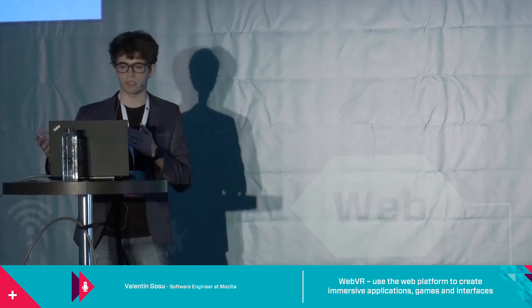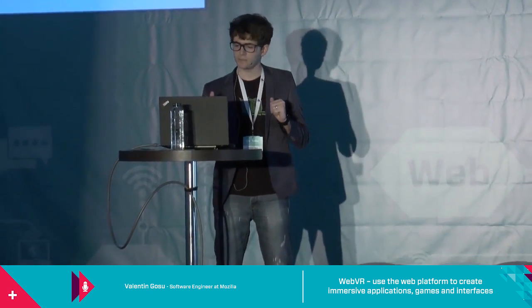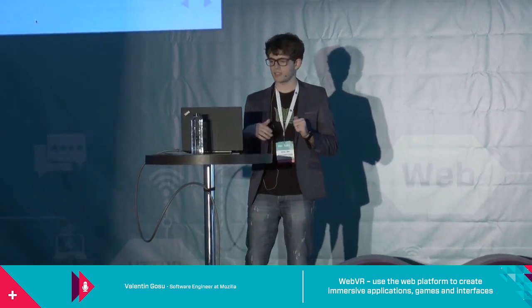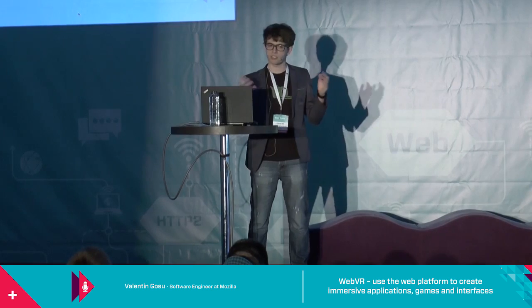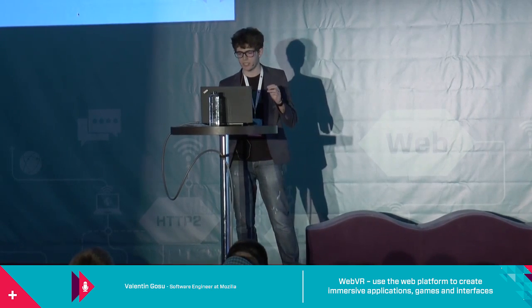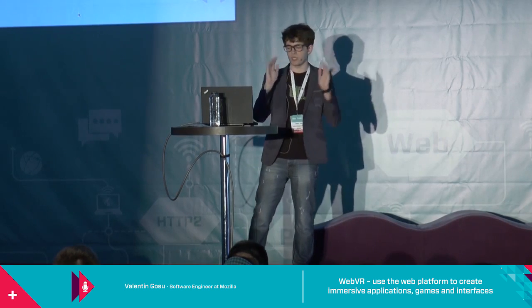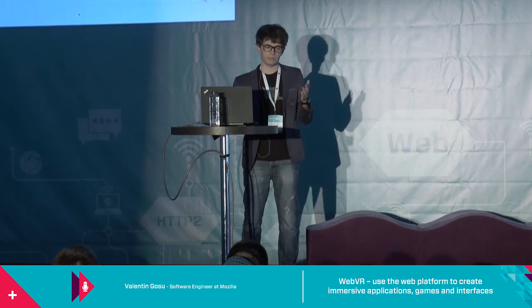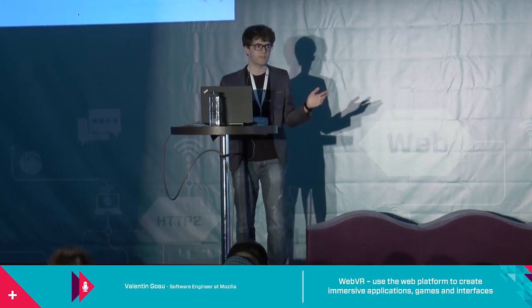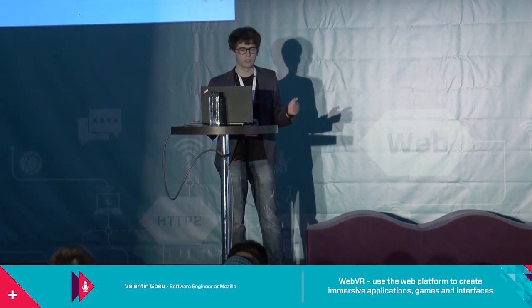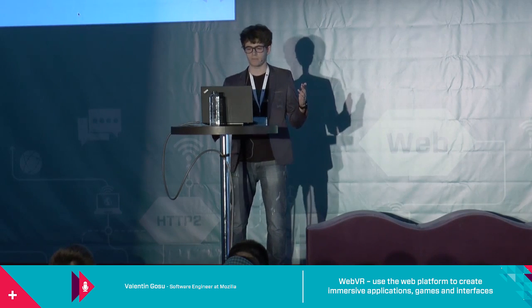Every VR headset gives your content a position, an orientation, and a field of view, which depends on the quality of the VR headset, and various other parameters which you need to use when displaying VR content to your users.